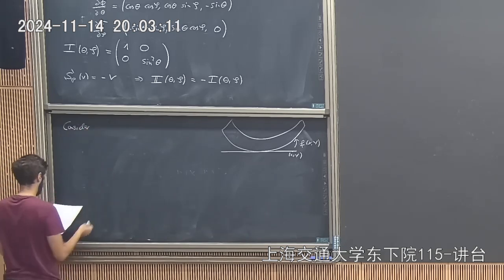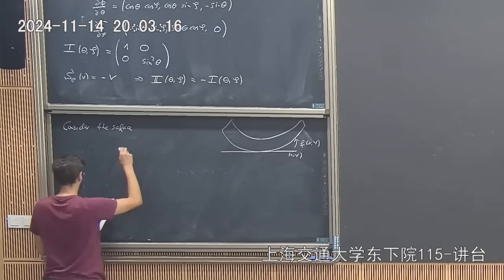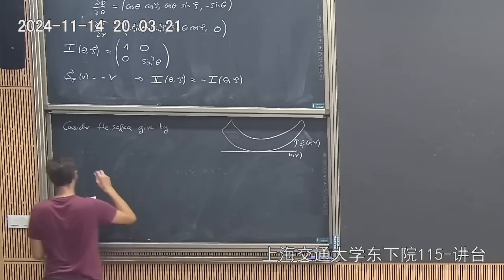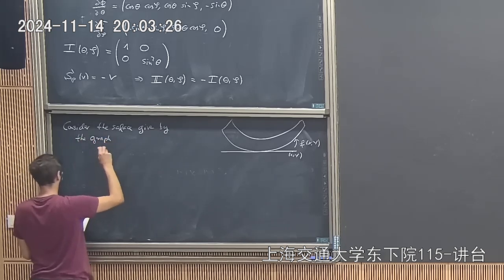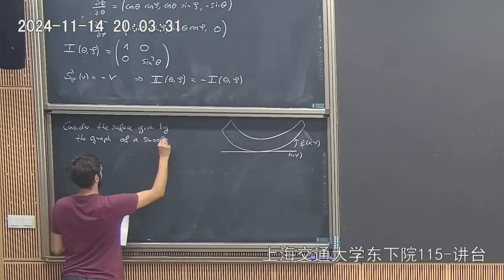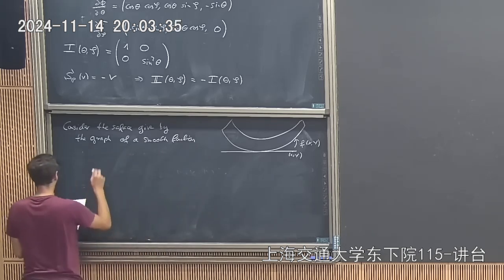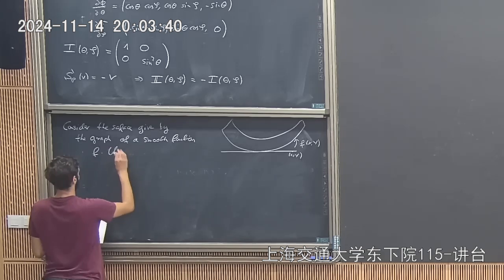So what we do is we consider the surface given by the graph of a smooth function, say f, which is defined in some open subset U of R2.